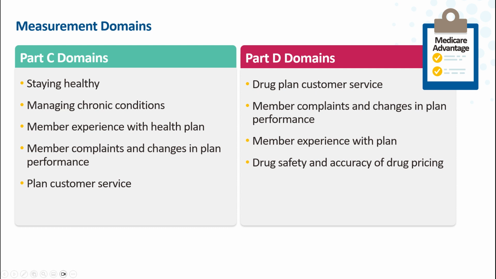For Part D, the domains include drug plan customer service, member complaints and changes in plan performance, member experience with the plan, and drug safety and accuracy of drug pricing. Next, we will review the measures that fall under each of the domain areas.